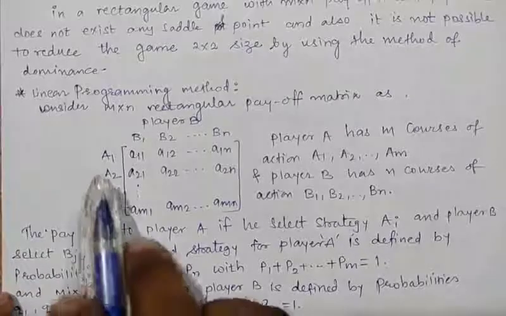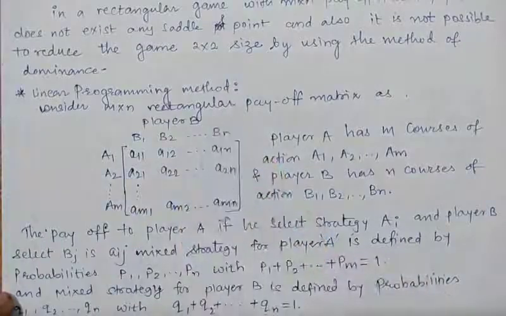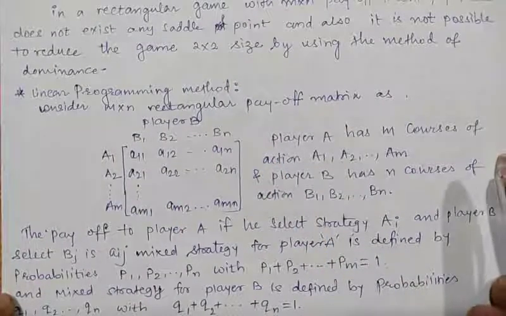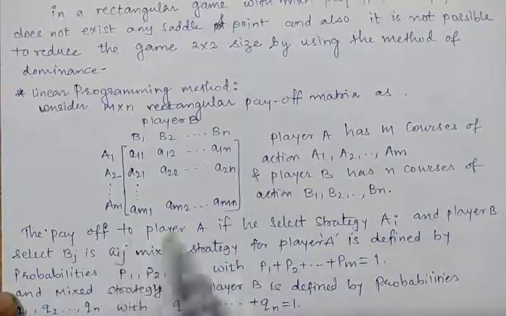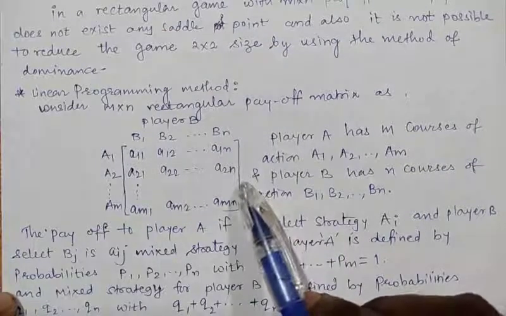Now let's see how to solve a problem by using the linear programming method. So we convert the given payoff matrix to constraints.